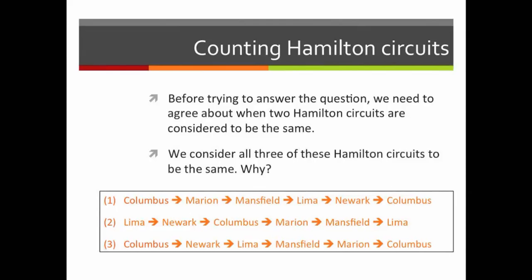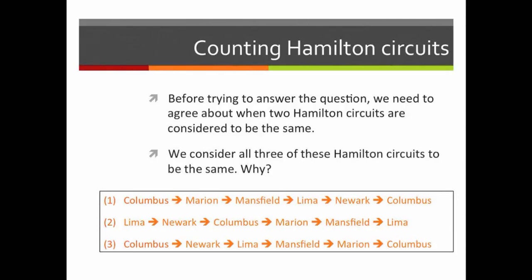Now, why is that? Well, first of all, let's compare Hamilton circuit number 1 and Hamilton circuit number 2. Number 1 begins at Columbus and number 2 begins at Lima. They don't even start in the same place. However, if you compare them, notice that number 2 can be obtained from number 1 in the following way. Look at number 1, and rather than pointing to Columbus, point to Lima for your starting point.